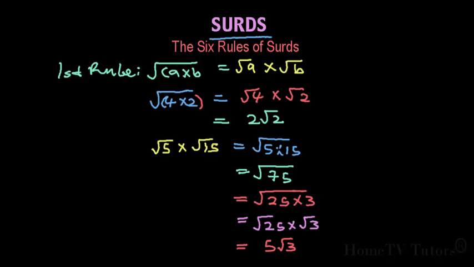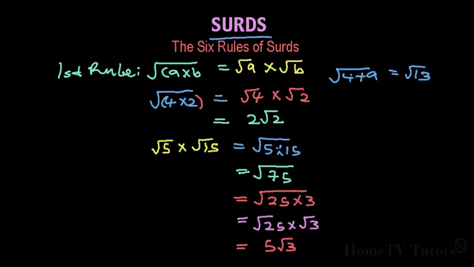But you need to watch out if you are given, for instance, the square root of 4 plus 9, which is the square root of 13. That is 4 plus 9, which gives us the square root of 13.